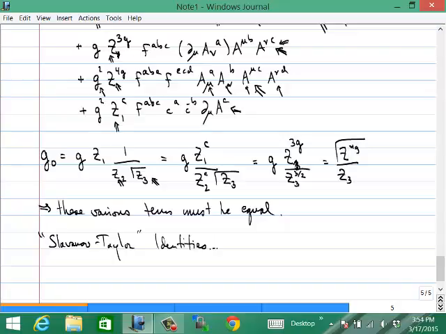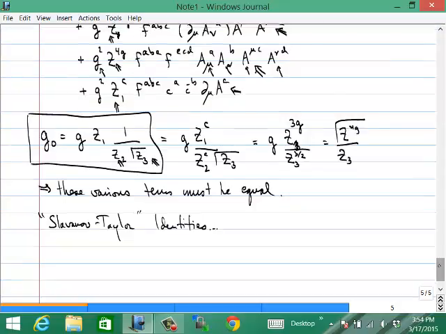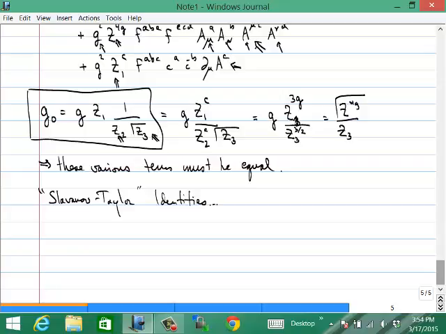But now we see that if you want to understand the beta function, then you just need to compute some of these wave function normalization factors. So for example, g naught is the bare coupling constant. It's independent of your renormalization scale, obviously, because that's the definition of a bare coupling constant.